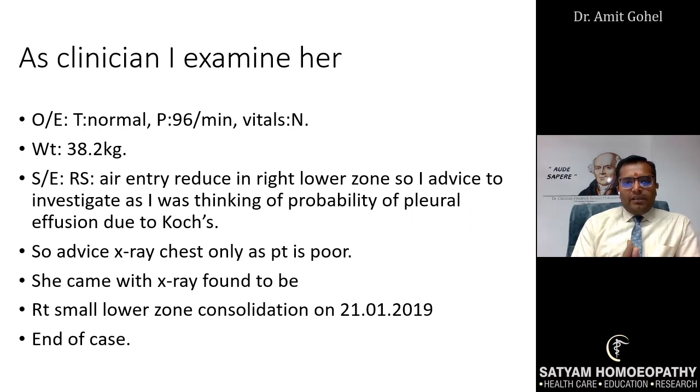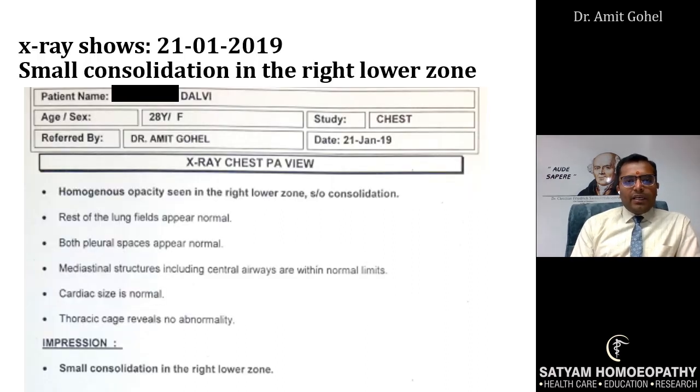This was the case. Now, this was just a history, and out of the history, as a clinician, I need to find out something and prescribe for the patient. By looking at the X-ray, we found a homogeneous opacity seen in the right lower zone, suggestive of consolidation, on 21st Jan. So, small consolidation in the right lower zone.